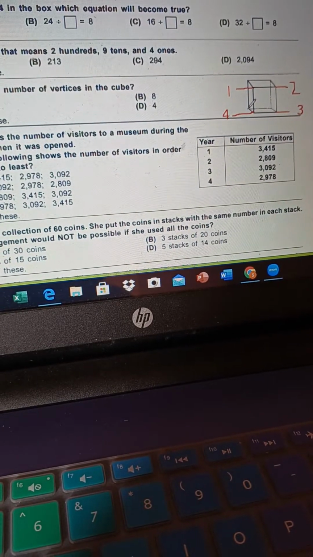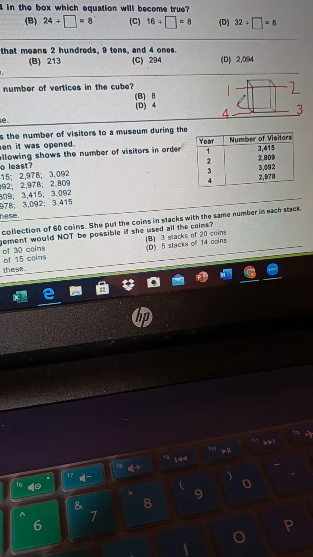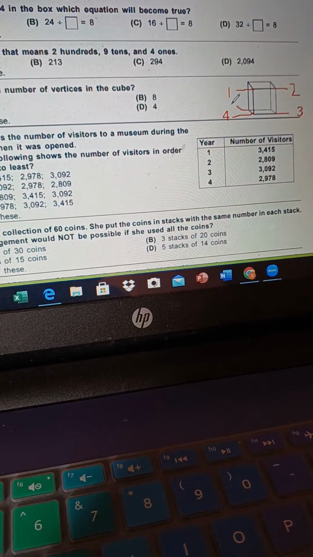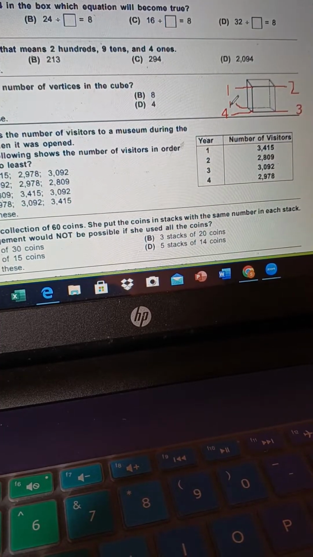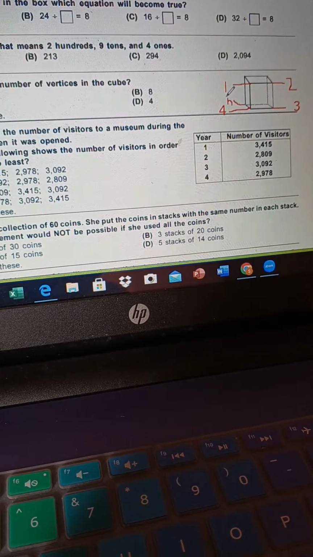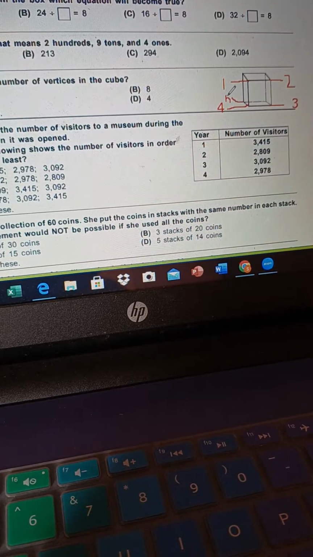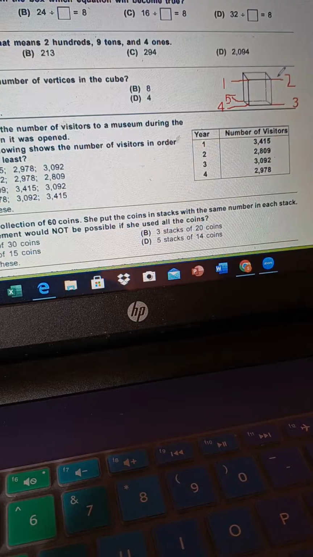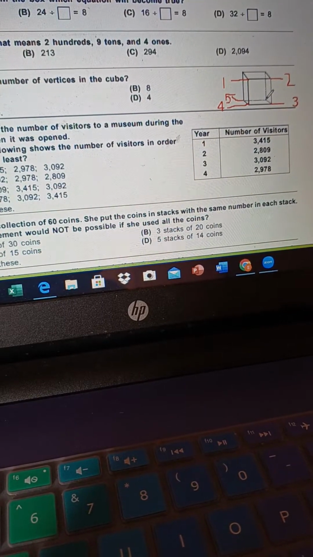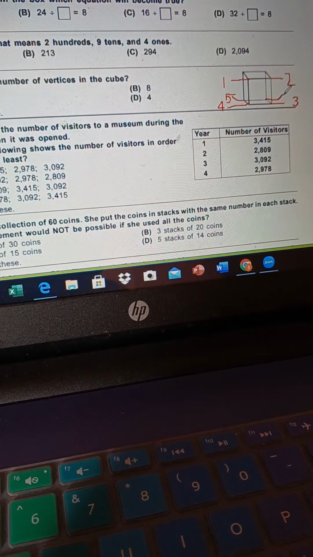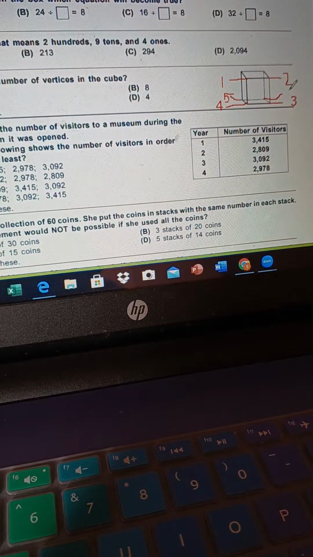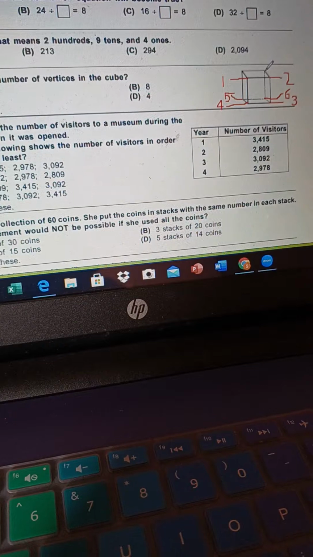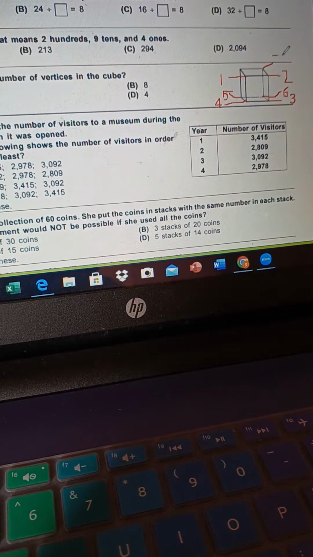Then we have it as number 5. This is 5. And this one we have it as number 6. Then we have this one as number 7.